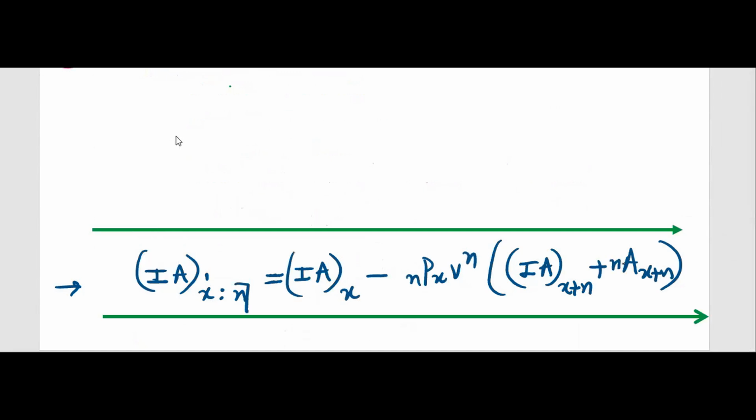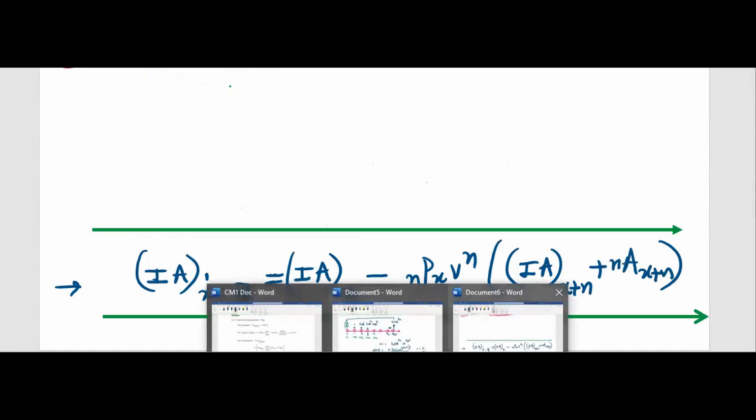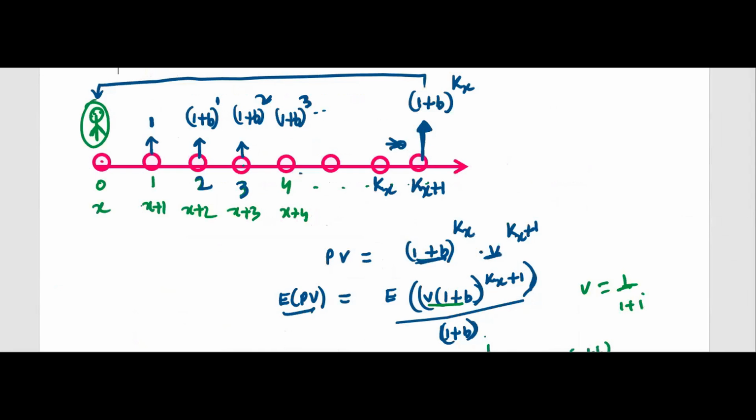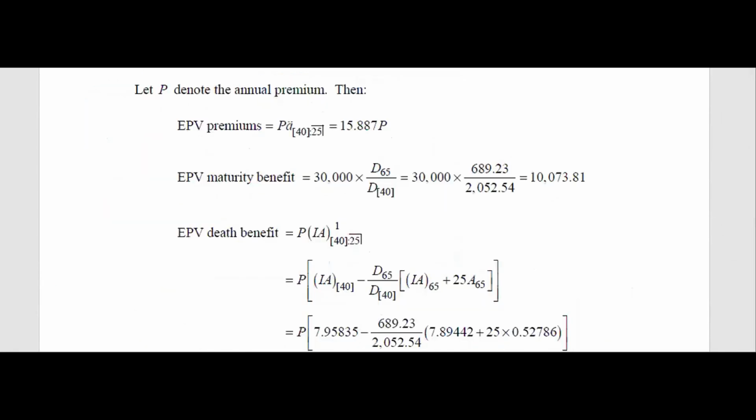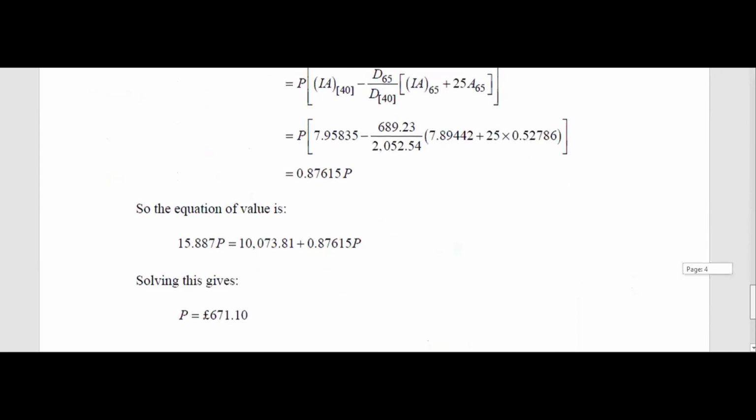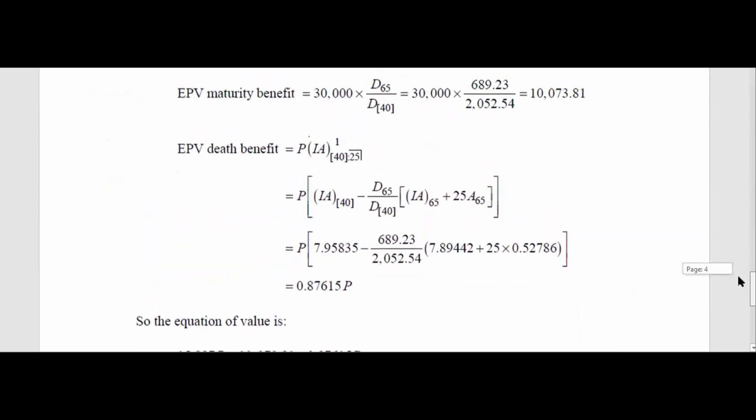N here. Yeah, this problem you can solve. Okay, you do it yourself. If you have any problem, you can ask me. I'll explain how to do this.